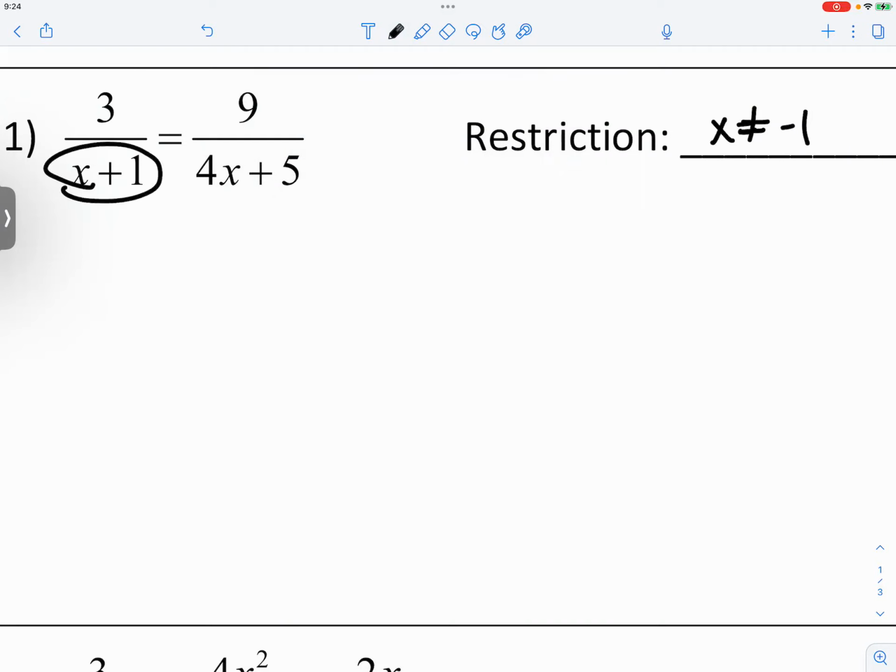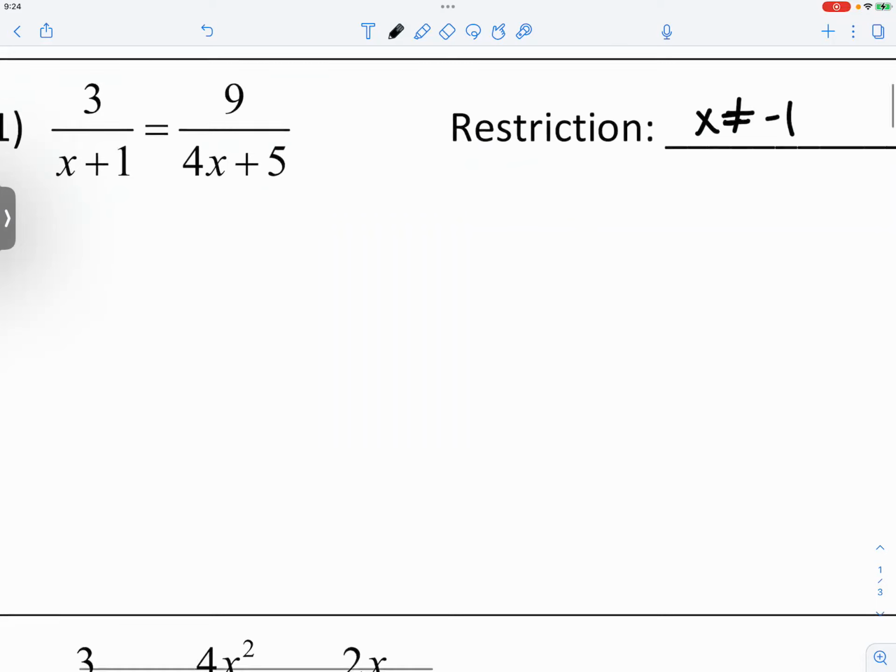We don't want that, because if a 0 is in the denominator, the whole fraction becomes undefined. So we don't want that. And that's why we think about, how can we prevent that from happening? So x cannot equal -1, because if x is equal to -1, that denominator becomes 0.